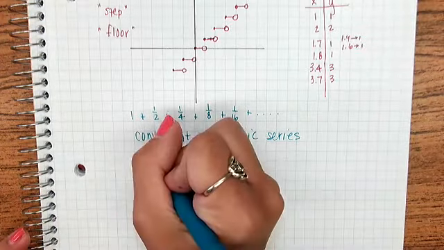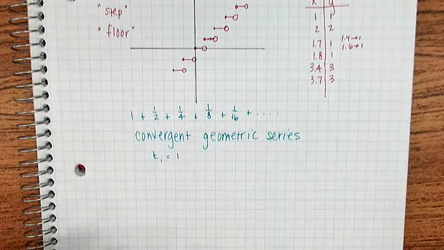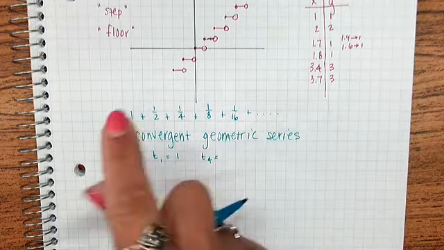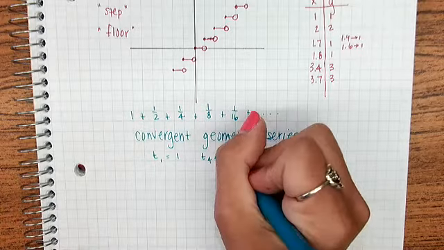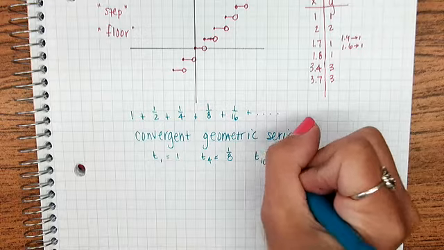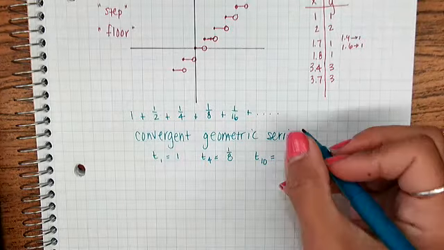So the value of the first term was 1. The value of the fourth term, 1, 2, 3, was 1/8. The value of the 10th term, I can figure out by plugging in, 1/512.